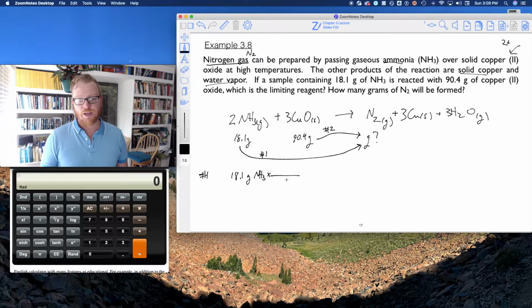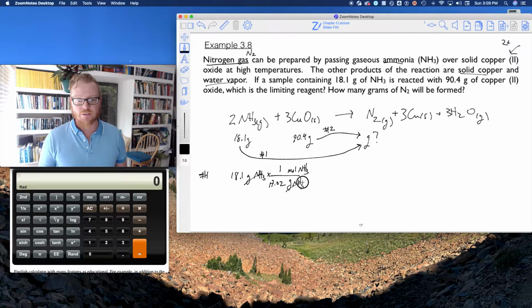Okay, so here I need to cancel my grams of NH3 and make it moles of NH3. And I do that with the molar mass. Okay, and so if you look up the mass of nitrogen and hydrogen and do all that, you should get 17.02 grams of NH3 in 1 mole.